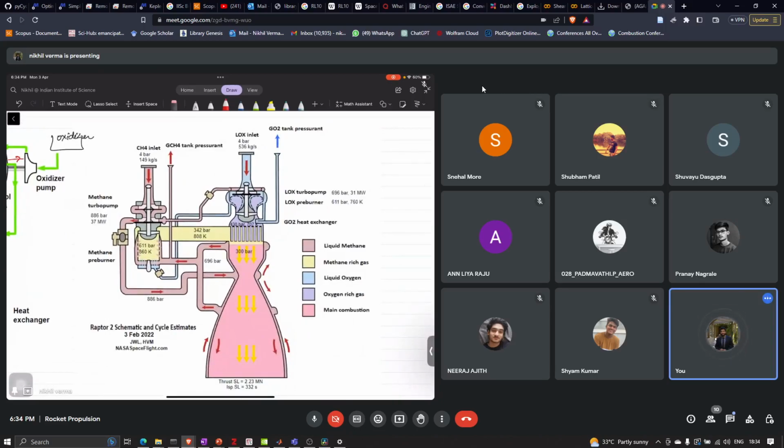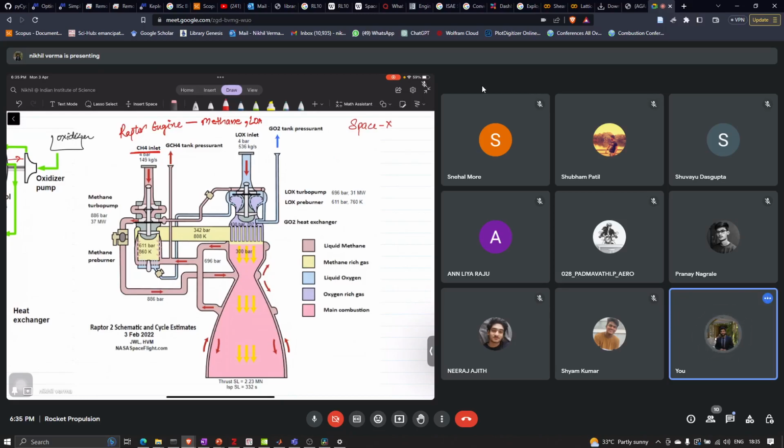This is again for the Raptor engine, from SpaceX. Let us start from here. The Raptor engine uses methane and liquid oxygen as propellants.